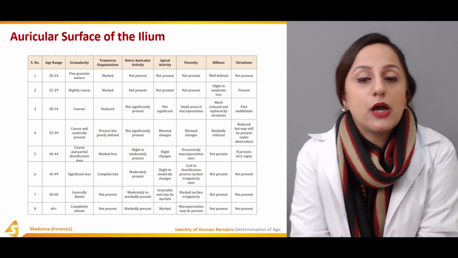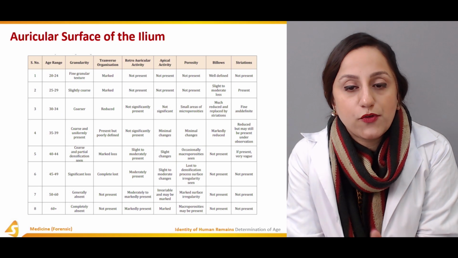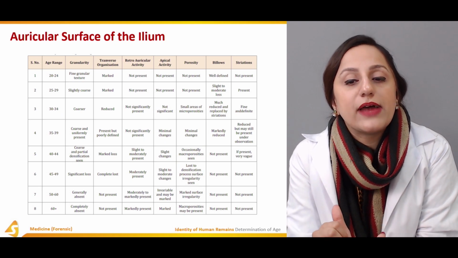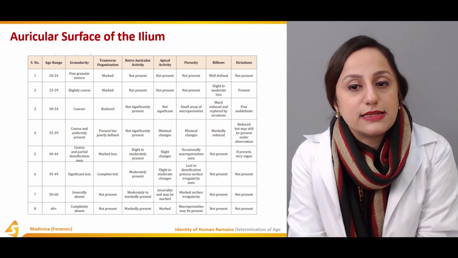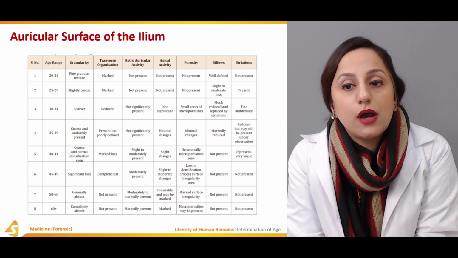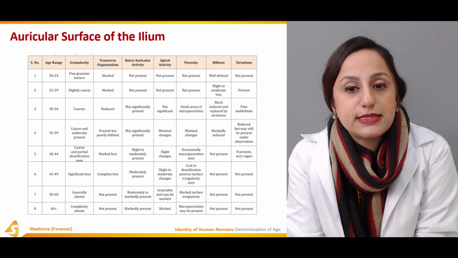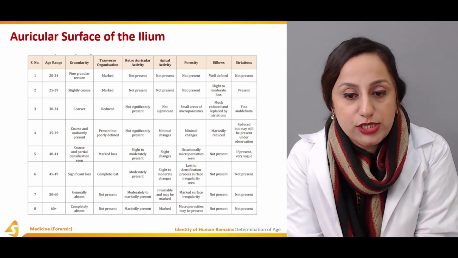Now, what are the factors that we are looking for? The age range, of course. Then the granularity, the transverse organization, the retroauricular activity, the apical activity, porosity, billows, and striations. All of these change along with the age ranges.